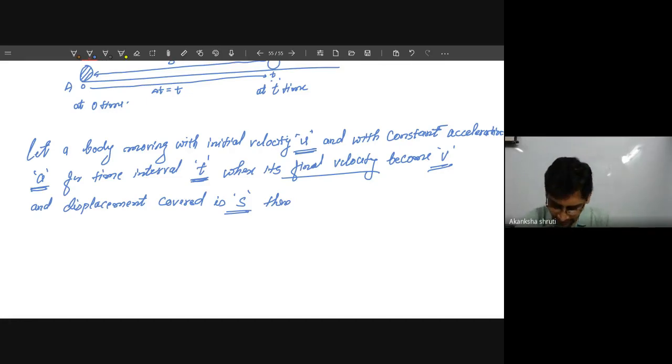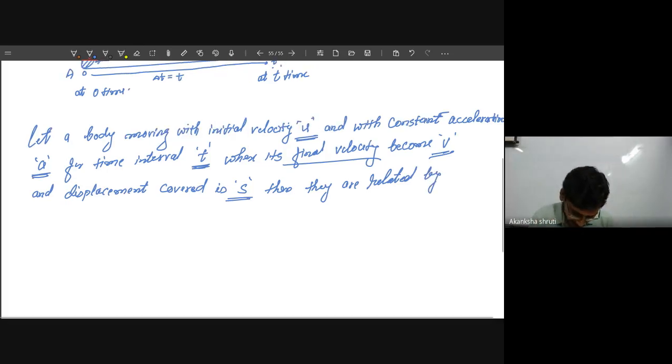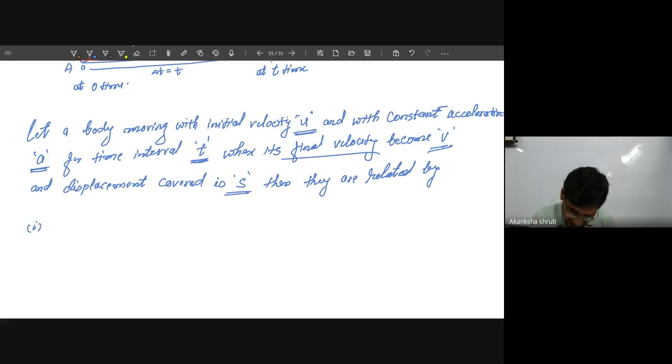So what are these three equations? They are related by the following. The very first equation gives the relation between initial velocity, final velocity, acceleration and time. It is v equals u plus at. So what is this?